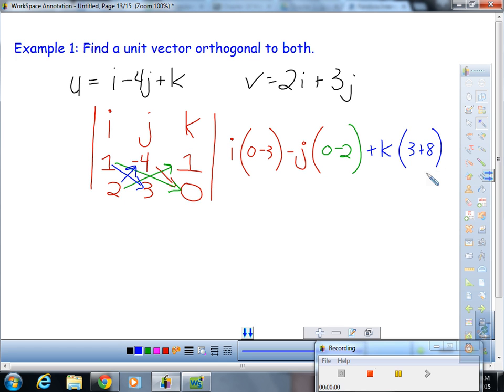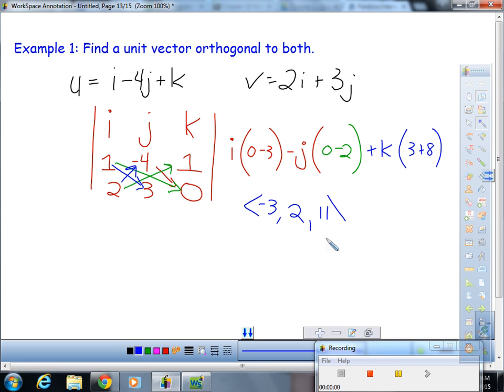So we end up getting negative 3, positive 2, positive 11. They ask for a unit vector in that direction.